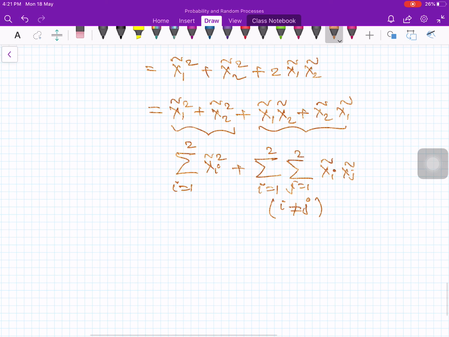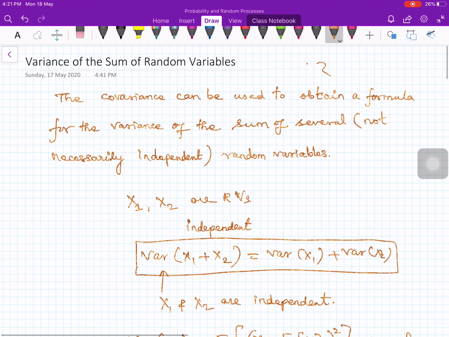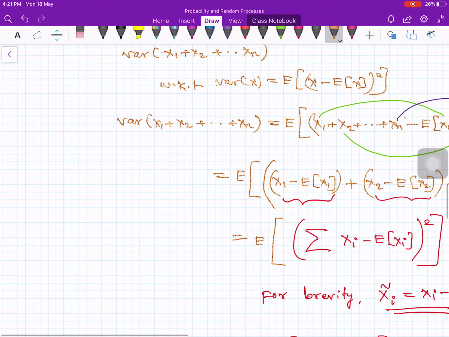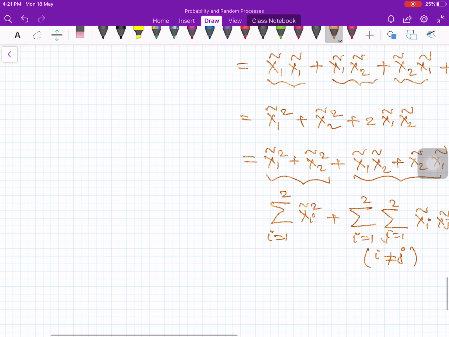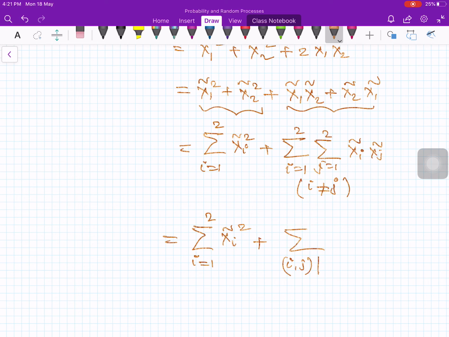Or you can write this double summation as a single summation using the compact form as follows. So this is going to be summation i equal to 1 to 2, xi tilde squared, plus summation over the set of all i comma j such that i is not equal to j.